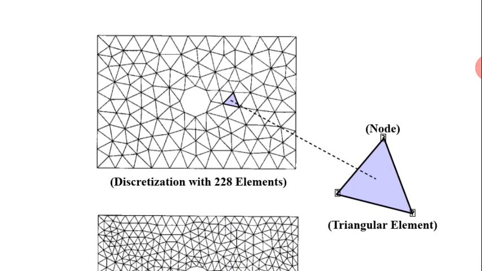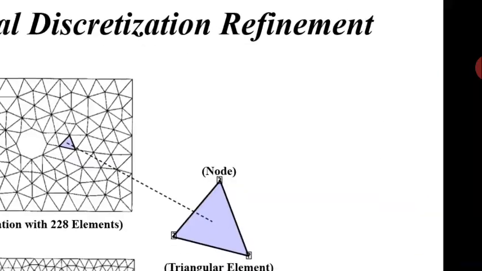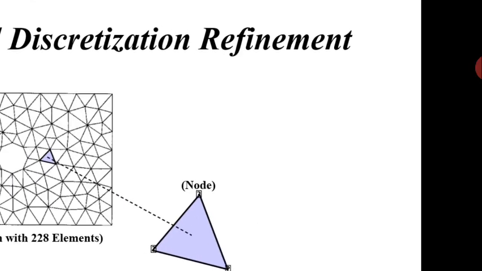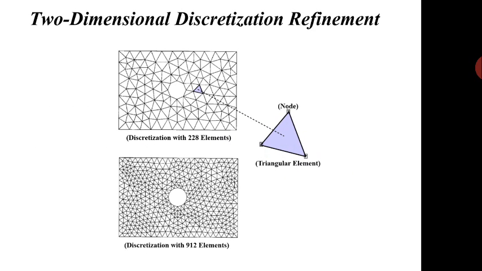In such problems the element size is greater, so we can have a smaller size of element to have the exact round shape, and it will give you a better solution.